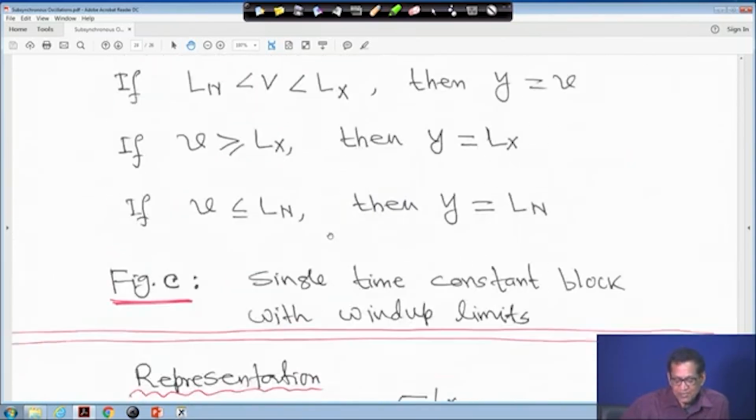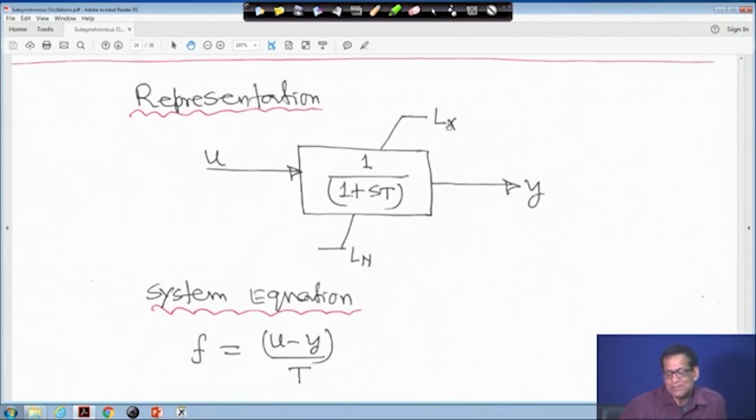Similarly, this is for non-windup limits. This is the Lx and Ln limiter, this is 1 upon 1 plus sT, this is u and this is y.